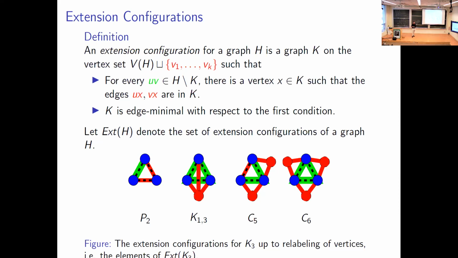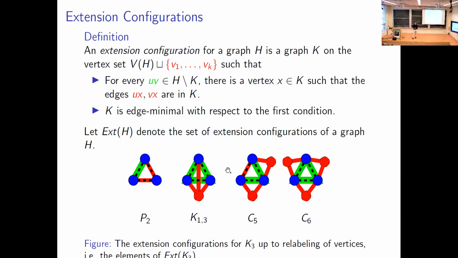One can in fact prove that these 4 graphs are the only extension configurations for K3. A good exercise for you to think about: take C5, but instead of having this additional path of length 2 at the bottom, just make that an edge going across. Take this C5, but make it C4, so get rid of this path of length 2 at the bottom and just replace it with a red edge going right here.